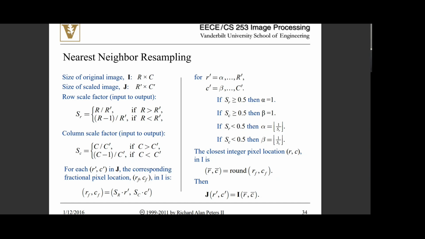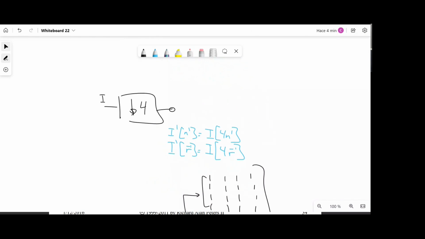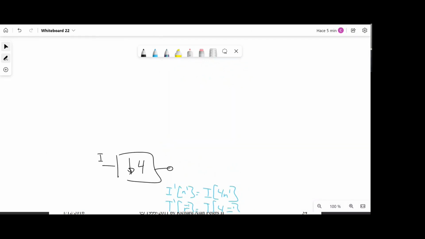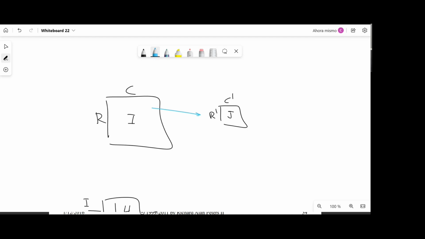Okay, so let's draw that. We have here an image of size R times C. This is image I, and then I want to produce something that is of size R prime C prime, and this will be image J. There will be a factor that goes from here to there, and there will be two factors.